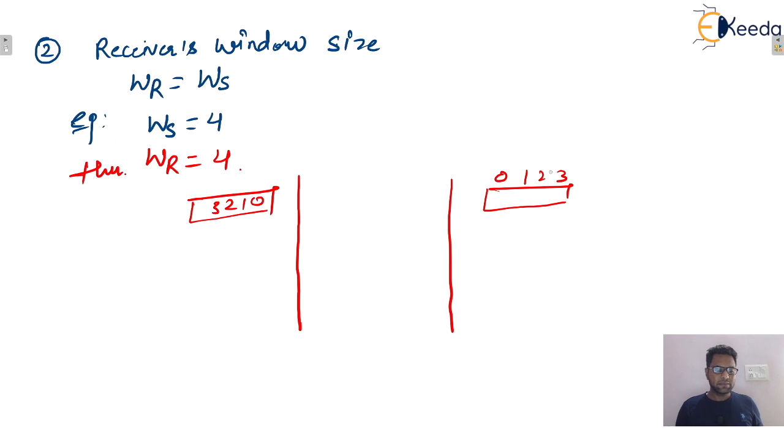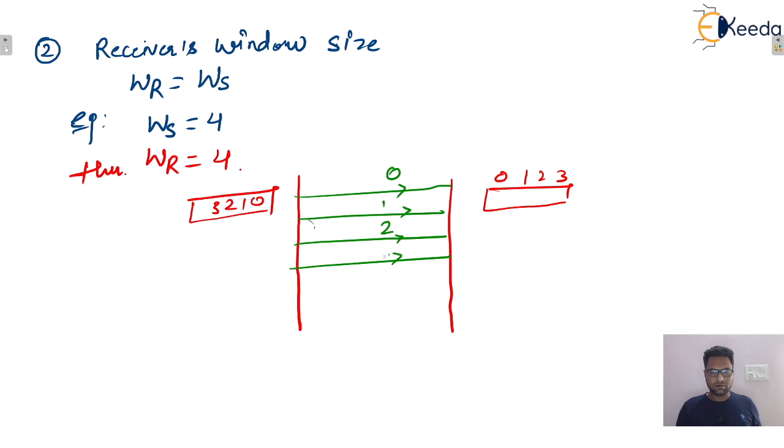Let's say the 0th packet is transmitted, then the first, second, and third. Let's say the 0th packet gets lost.